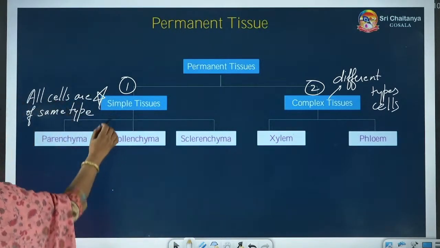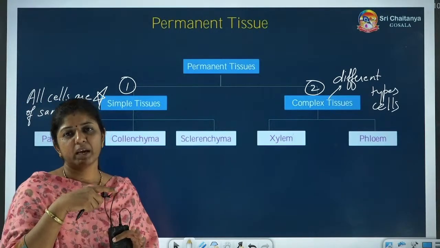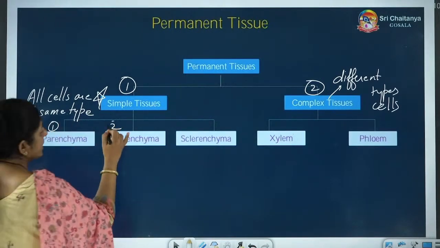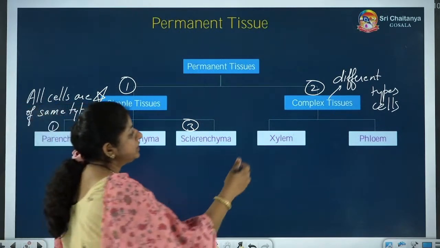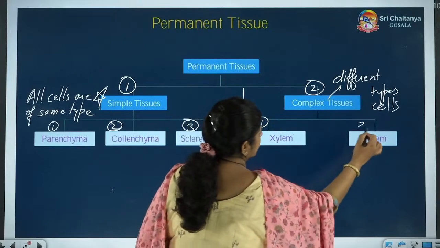Now I repeat, simple tissues are those where all the cells in a tissue are of the same type. And what are the types of simple tissue? Parenchyma, Collenchyma and Sclerenchyma, right? And complex tissue, what are its types? Xylem and phloem.